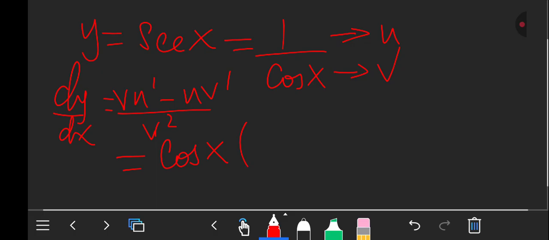You can find the u prime: the derivative of 1 is just 0, that is the derivative of a constant. Then v prime, the derivative of cos x, is just negative sin x. If you're not sure about how the derivatives of trig functions come about, like the derivative of cos x and the derivative of sin x, you can check them out on our channel.